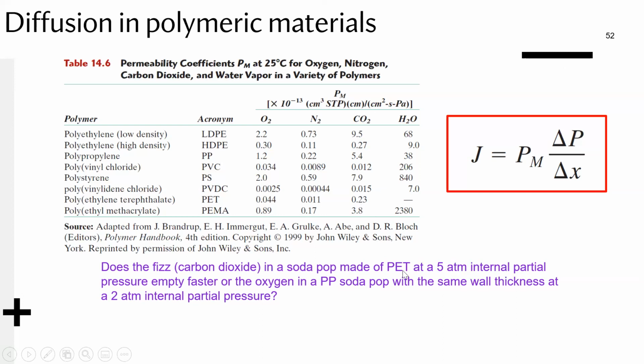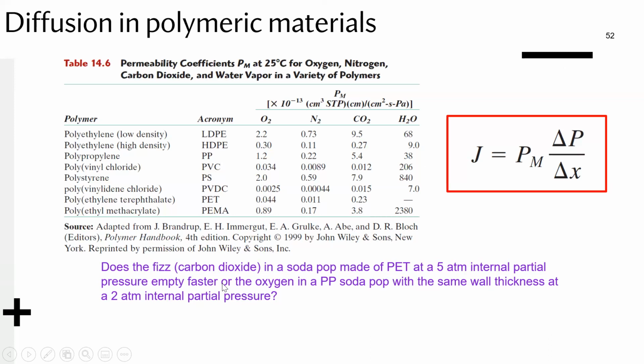This is a pretty interesting example, because what we don't want is for that gas, the CO2, to escape your soda pop. We want it to stay in there for as long as it's on the shelf and it's purchased and it's used. So that fizz, the carbon dioxide, it's got a pressure of 5 atmospheres.